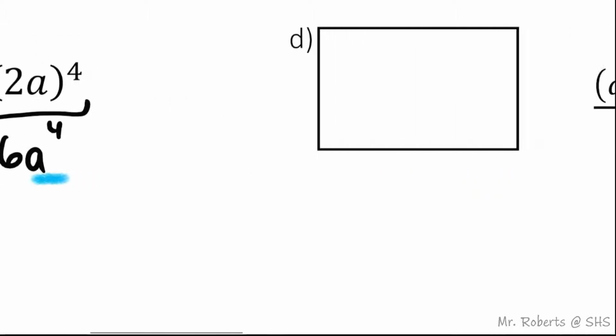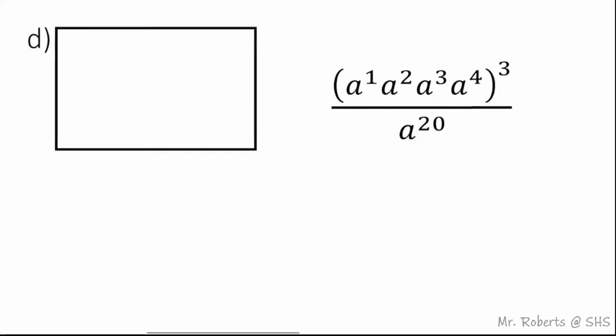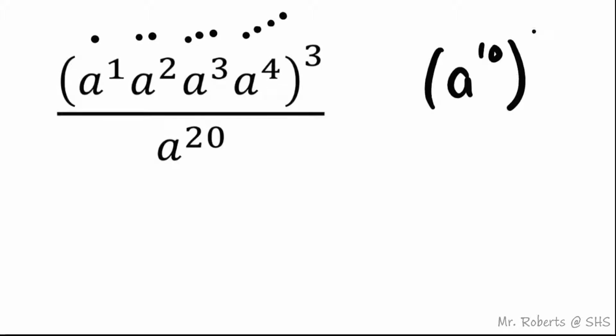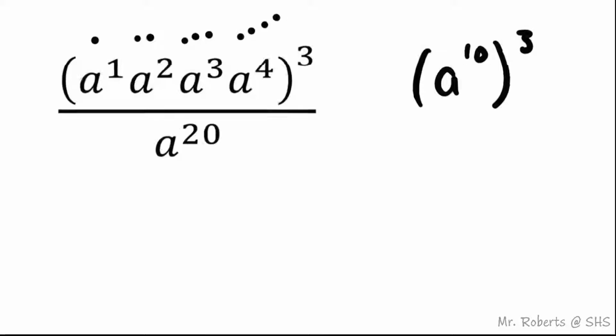And then finally, D is the last one here. That numerator, let's clean that up first, right? That's 1, 2, 3, 4, 5, 6, 7, 8, 9, 10 factors of a. So in my numerator, I have a to the 10th power, and I'm going to cube that, which means it'll be a to the 10th times a to the 10th times a to the 10th, which is a to the 30th.